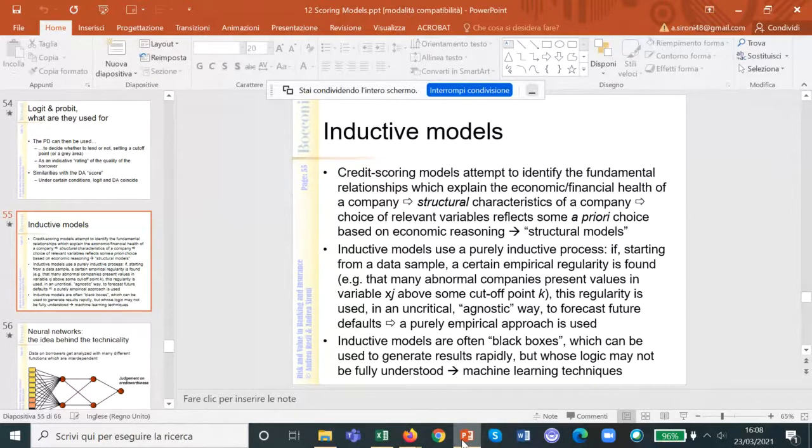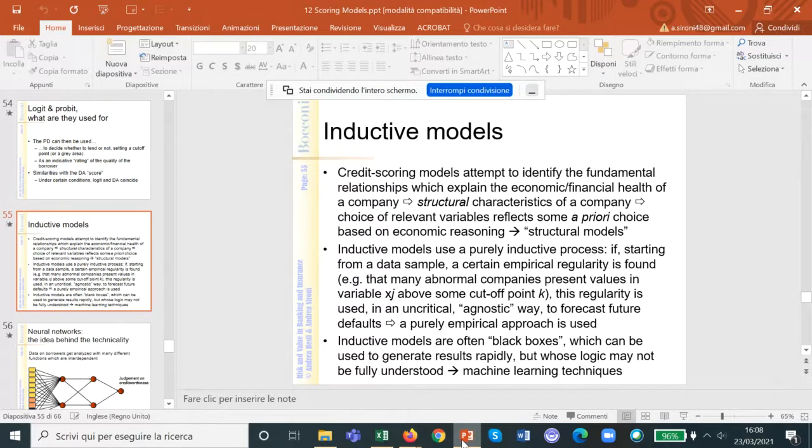As I mentioned, we tend to think that, generally speaking, companies that have high profitability, high liquidity, low leverage, and so on, tend to be more unlikely to default. And therefore, we include those variables into the models, and these are in some way the structural features of the company, okay?